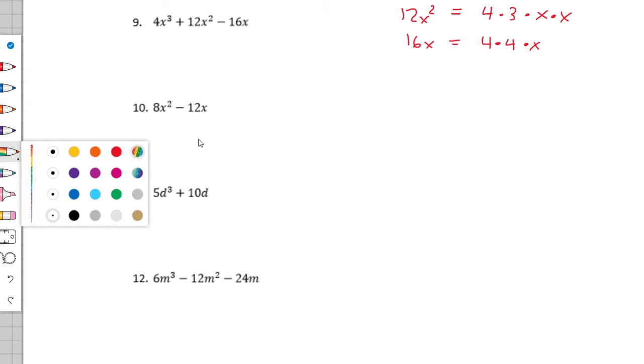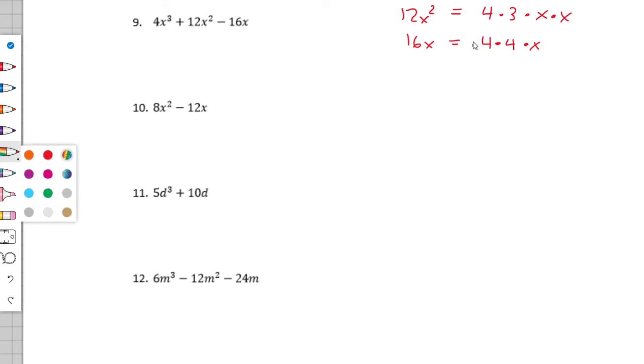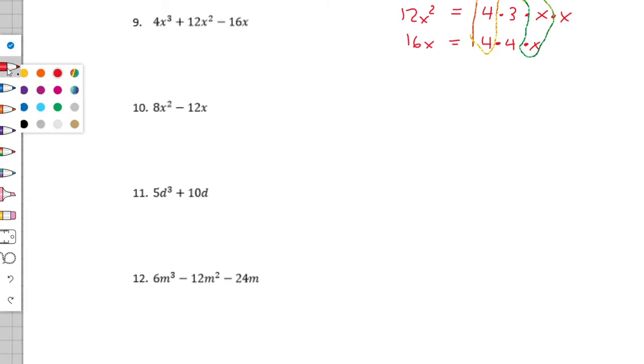Circle our like terms, or that are similar, I'm sorry. So 4's are similar in each of the terms. Then we have an x in each of the terms. So then that means our greatest common factor is going to be 4x. So that's the monomial that we're going to factor out.